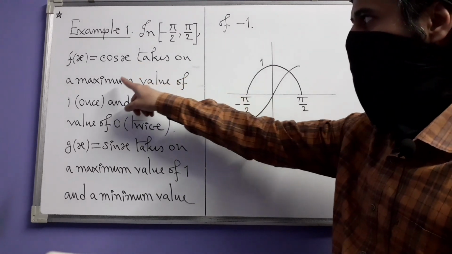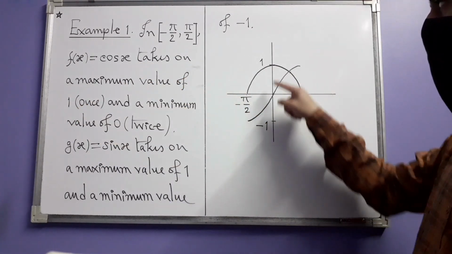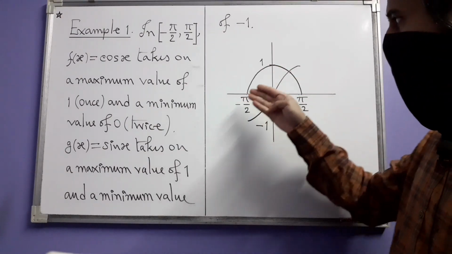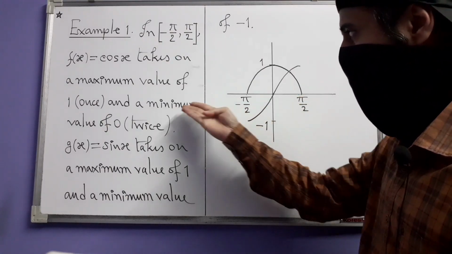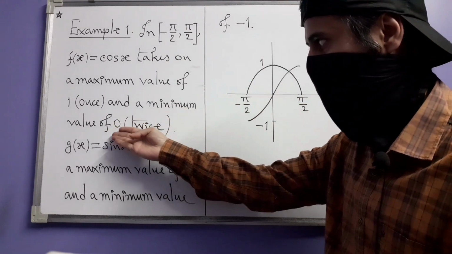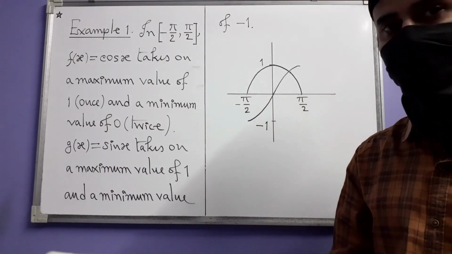So this takes on a maximum value of 1 once. This value is taken on at the input x equal to 0, and in this interval it's taken on only once. However, the same function also attains a minimum value of 0 twice, here as well as here. So that can happen.